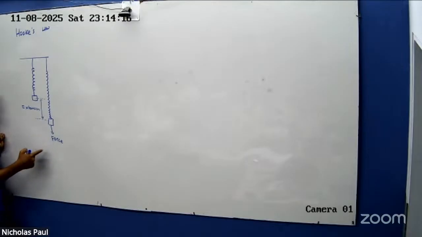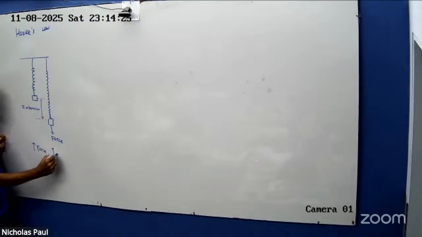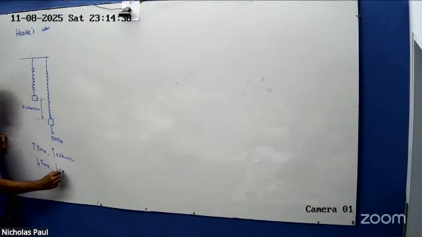So here's what Hooke observed. Hooke observed that if I were to increase the force, then I would also increase the extension. And of course the other way around as well, right? If I were to drop the force, I would be dropping the extension.